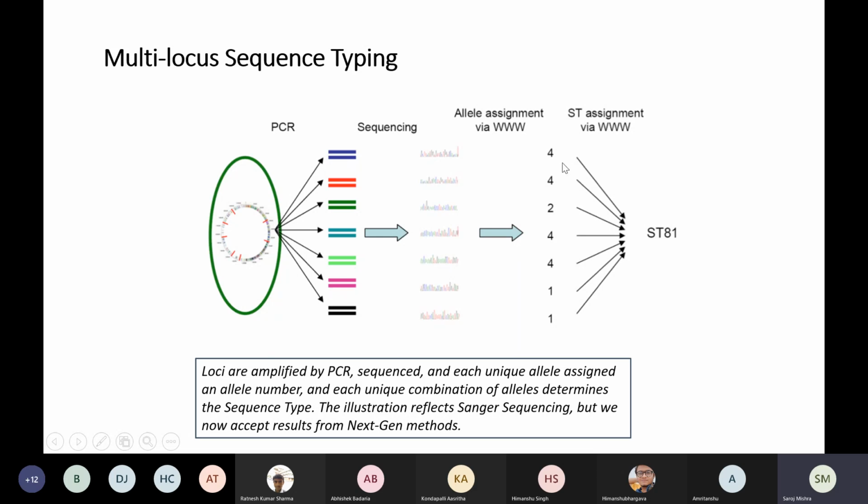If it shows variant 4 here, 4 at the second locus, 2 at the third locus, and so on, then this variant will be called sequence type 81. So, apart from 16S ribosomal RNA, I am also able to identify it as a unique microorganism. So there are 2 ways of classifying now, both 16S as well as sequence typing.